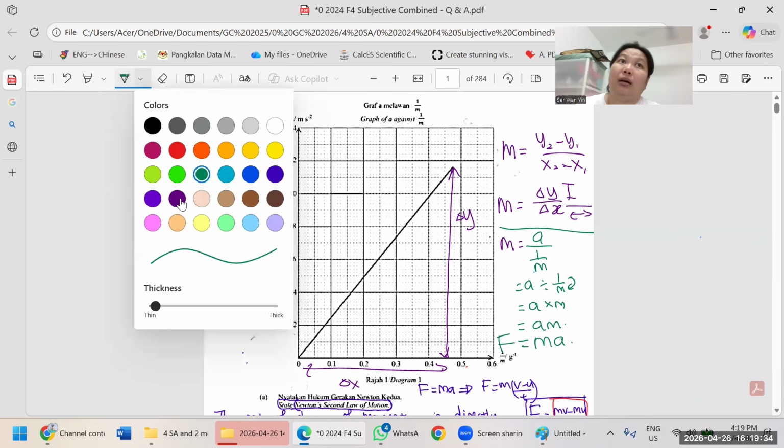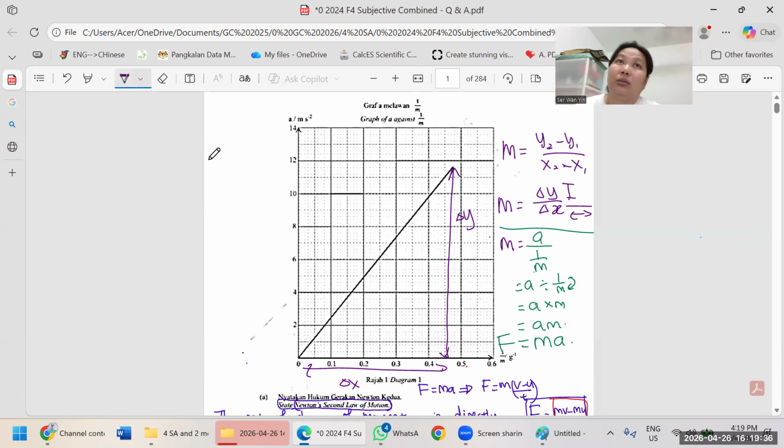Or you can just do this: substitute the units. The unit for the y-axis is meter per second per second. The unit for the x-axis is per gram. Right now you shift it up.